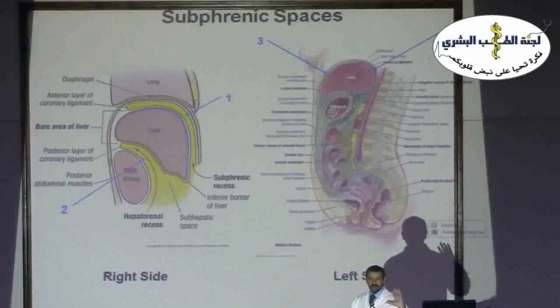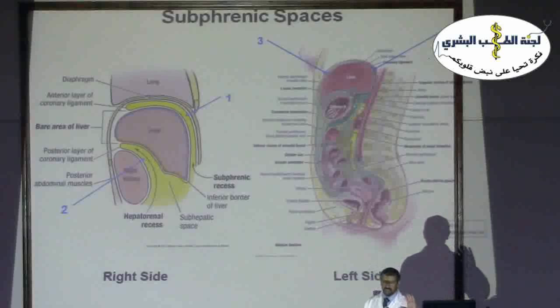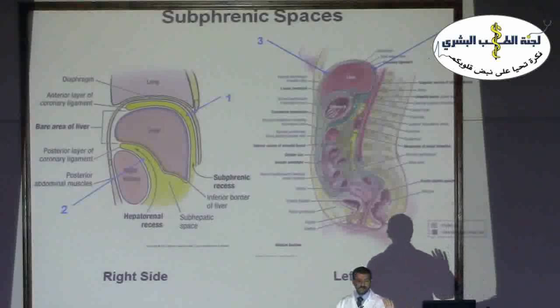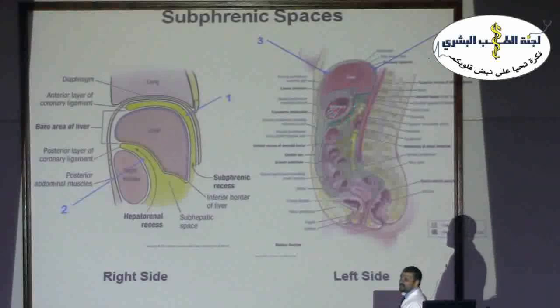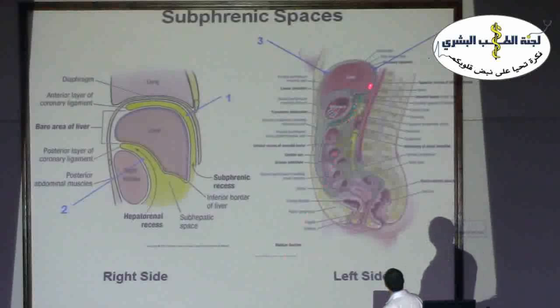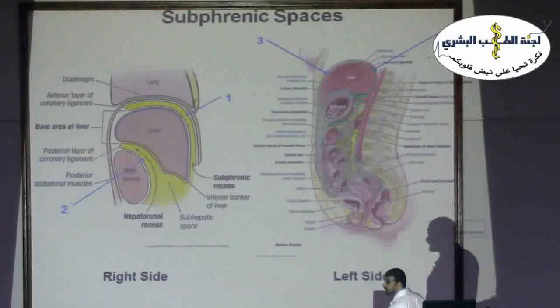The posterior one now, which is the left posterior subphrenic space, if you look at it, is an extension of this part of peritoneum behind the stomach, which we previously named the visceral sac. So this is a superior extension, or we name it the superior recess of the visceral sac.